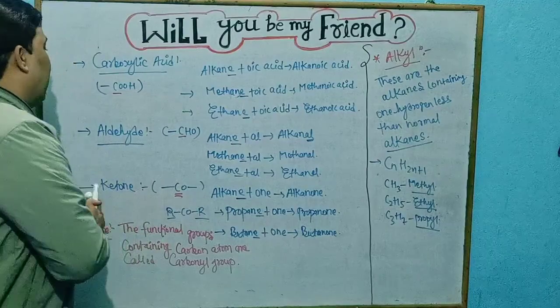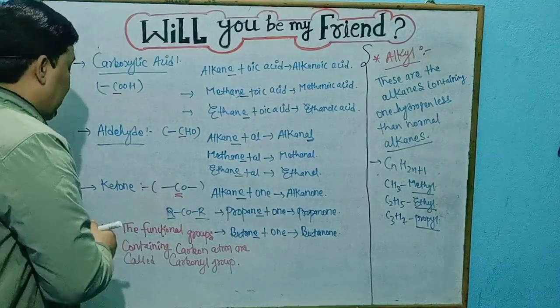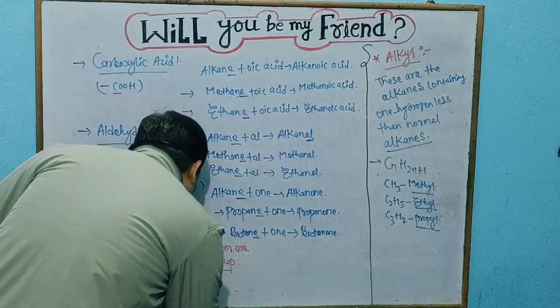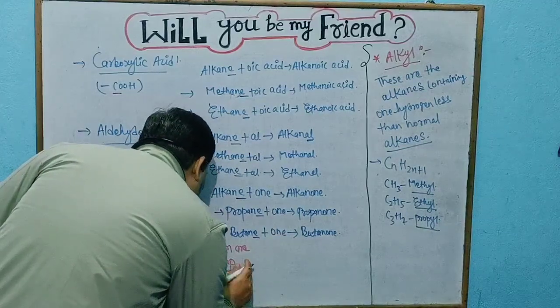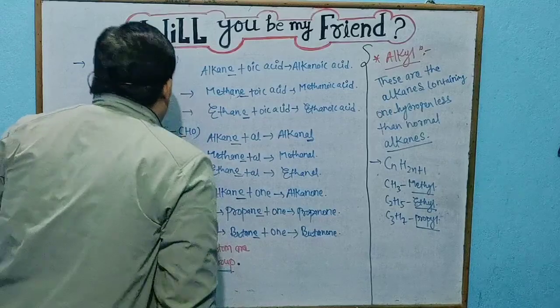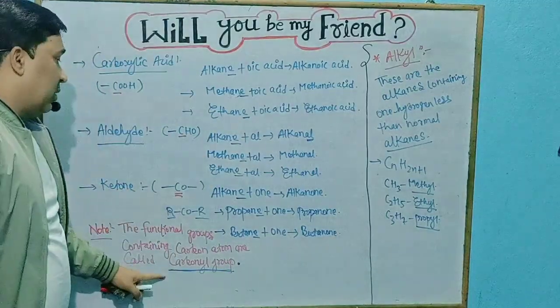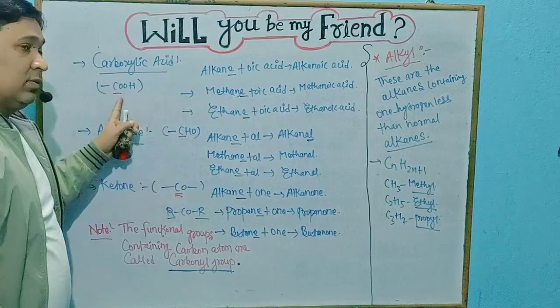Why? Because they themselves contain a carbon atom, and we count this carbon atom while naming them. We will see a bit more about the functional groups in homologous series, right? So we must keep in mind about these carbon atoms, right?